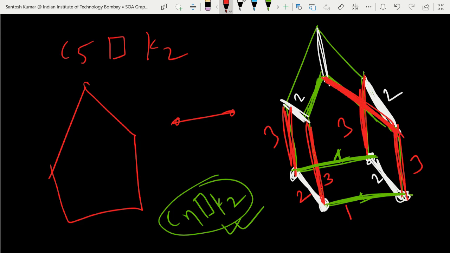See here. Oh no, we used the same color.